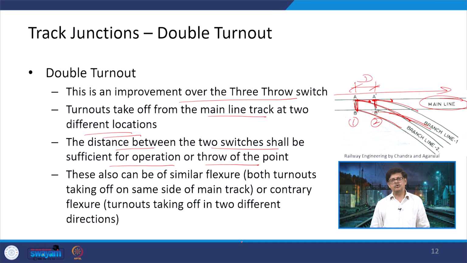Now, these can also be of similar flexure, that is both turnouts are taking off on the same side of the main track, or it can be a contrary flexure, that means the turnouts are taking off in 2 different directions. So, the one which we have shown, this is a similar flexure because they are coming out in the same direction.